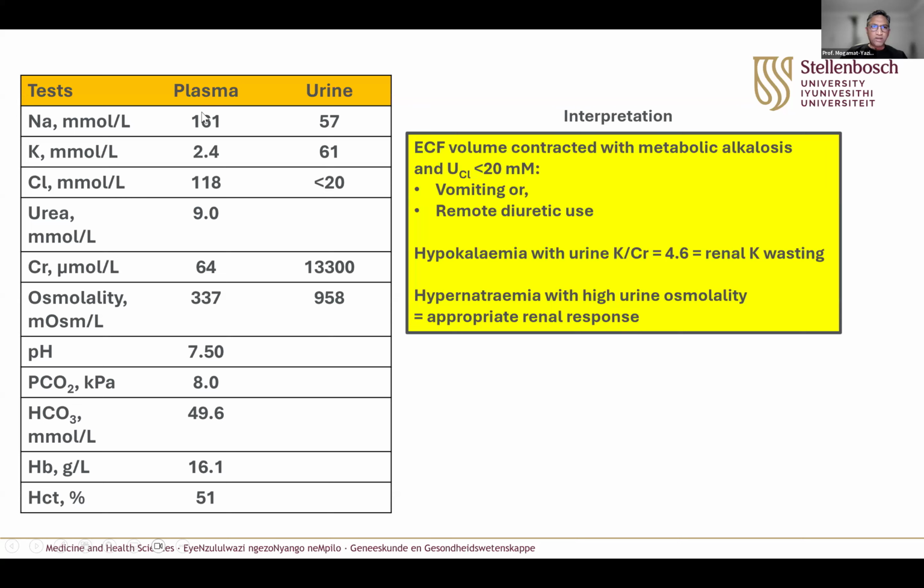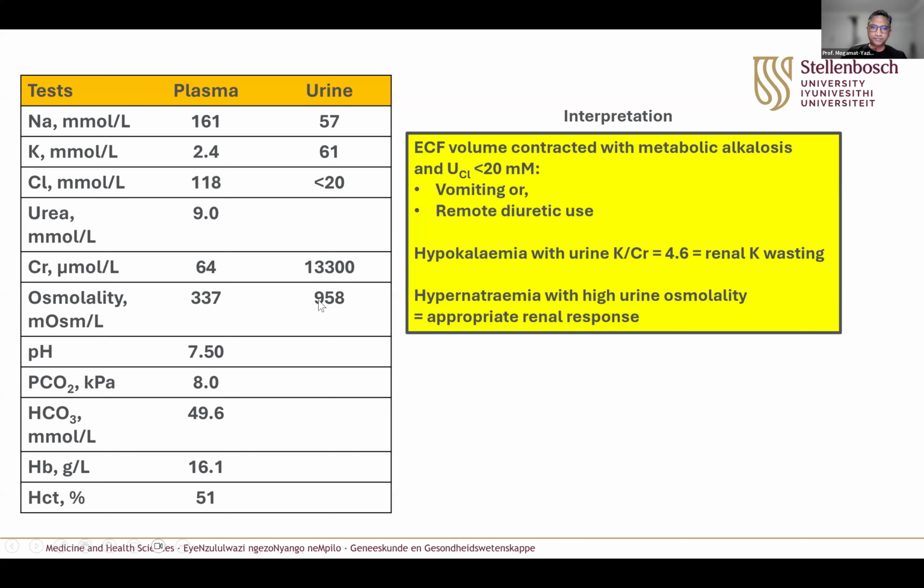In other words, when one is hypernatremic, i.e., dehydrated, an appropriate renal response is to conserve as much water as possible and concentrate the urine as maximally as possible. Up to 1,200 milliosmoles per liter would be an appropriate renal response, and this is not bad at 958.